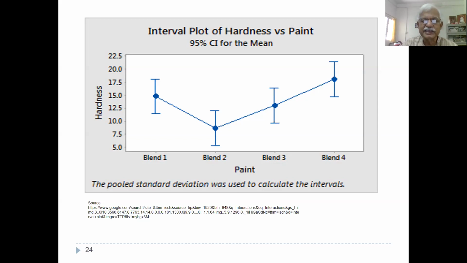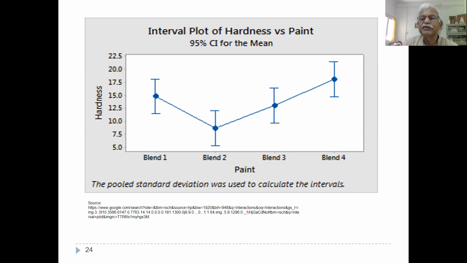And the purpose is only to illustrate that for different groups, here blend 1, blend 2, blend 3, blend 4, variations of hardness in a different experiment are shown. And you notice two things. One, that blend 2 mean value is less than the mean value of hardness of blend 1. And in case of 3, it is higher than blend 2. In case of blend 4, it is higher than blend 3. But the relationship is not linear.